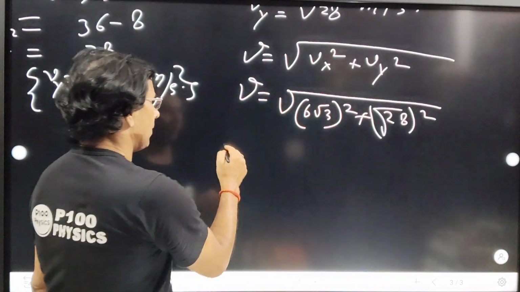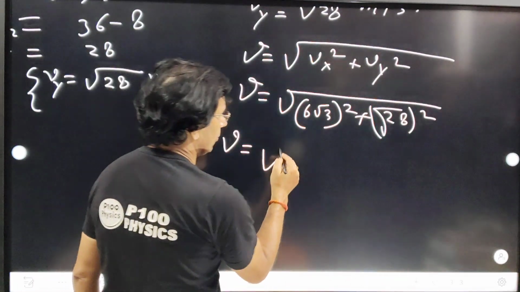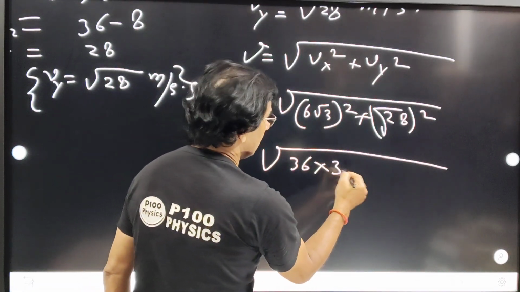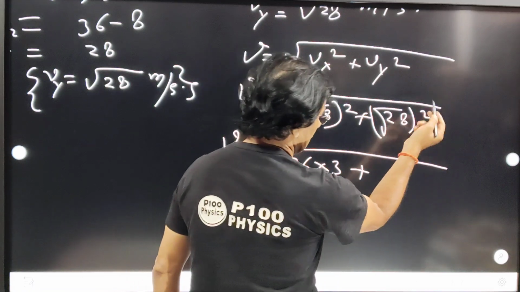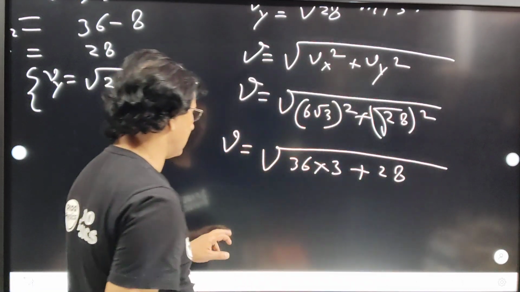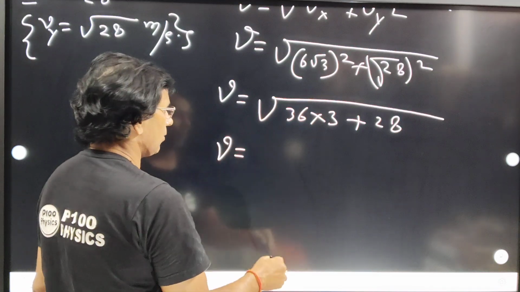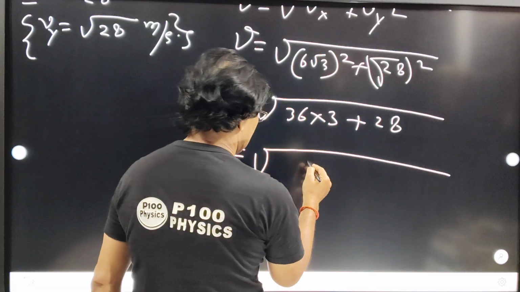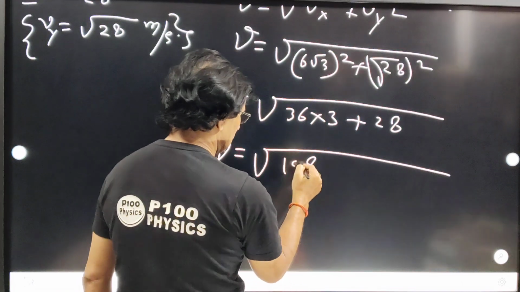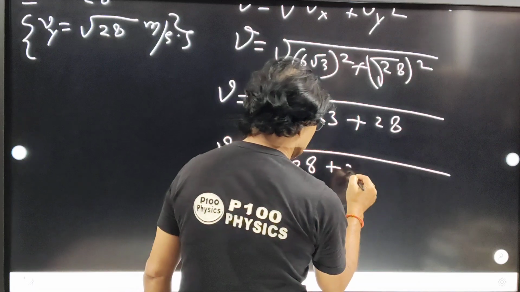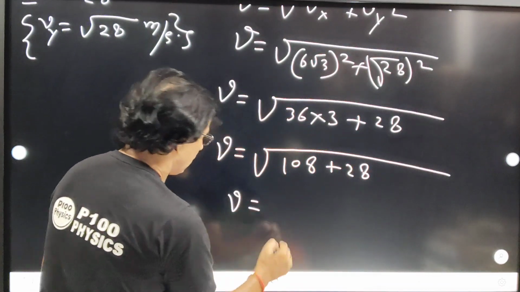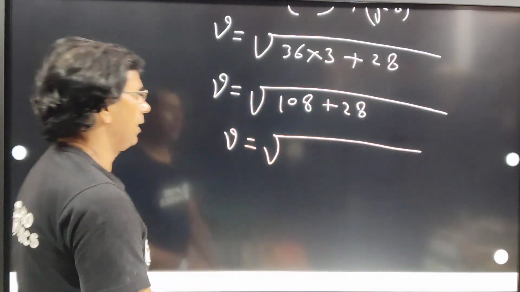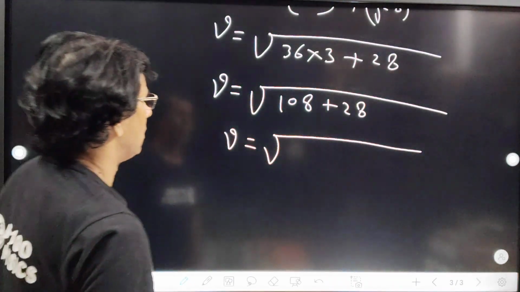Solving this again, you will get V equal to under root of 36 into 3 plus 28. 3 into 36 is 108, plus 28, and what will be the value? V equal to under root 136.